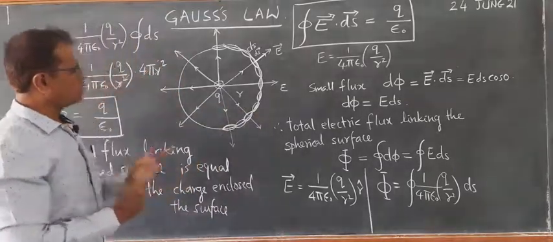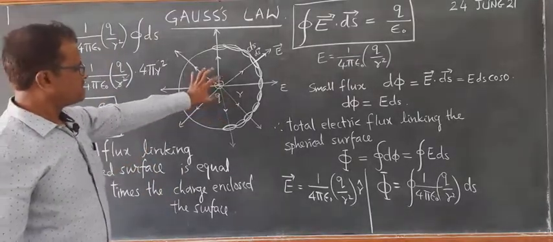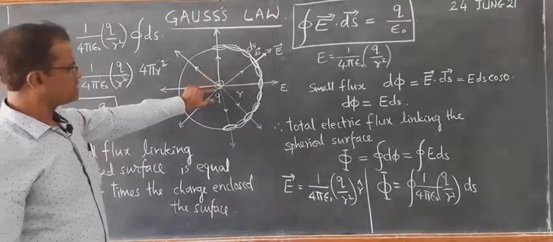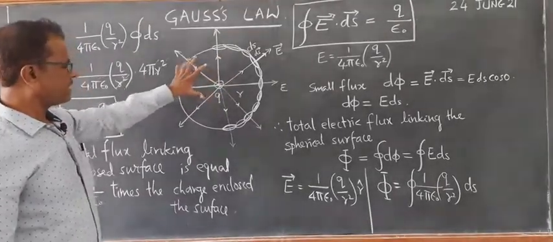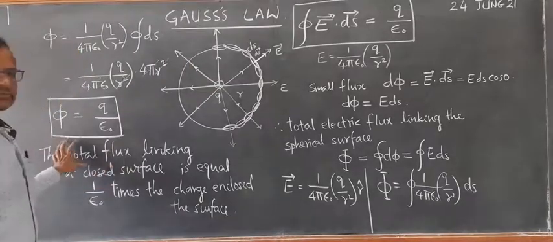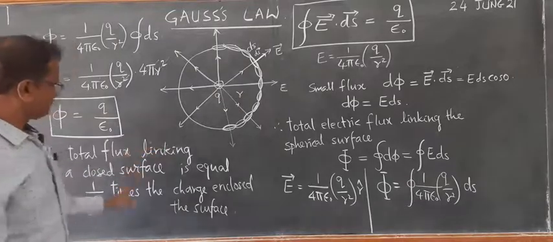That is how, by taking an example of the source point charge and a sphere enclosing that charge, one can obtain the equation for the total flux, and that becomes the statement of Gauss law.